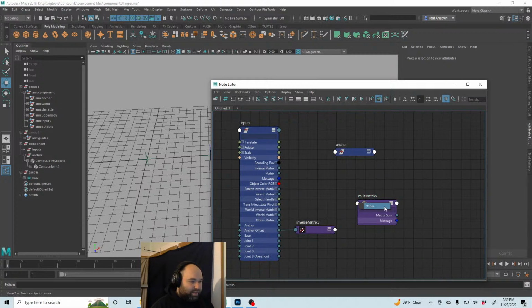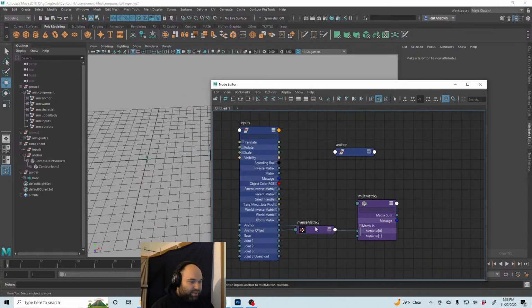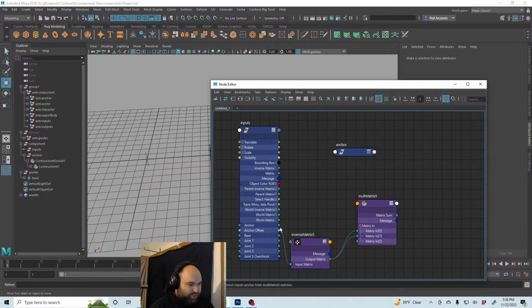I take the, plug that into matrix in. Plug the inverse matrix into, no, I think that's wrong. I think it should be the other way around. Because what I'm essentially doing here, no, that is not what I was trying to do. That should not go on there. This should go there. There we go.